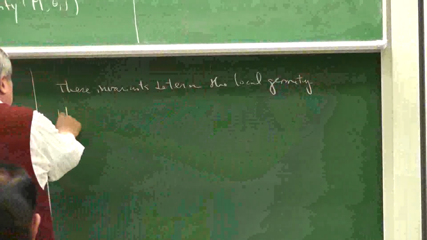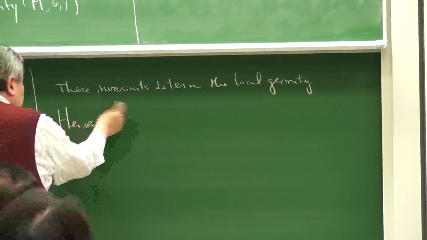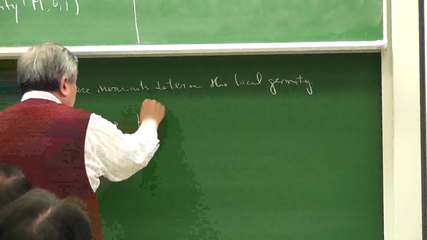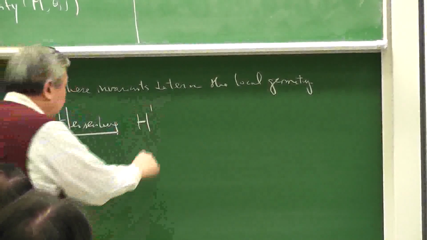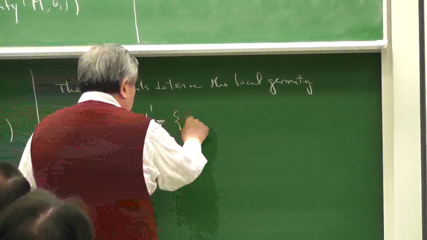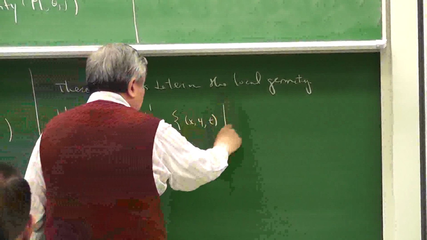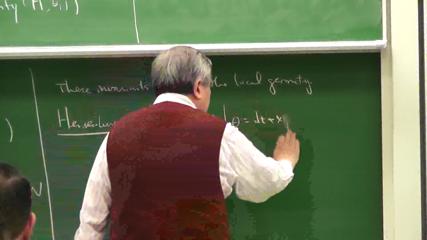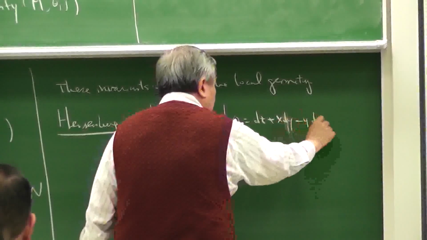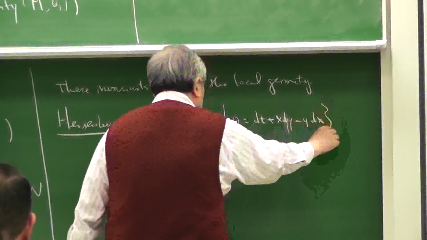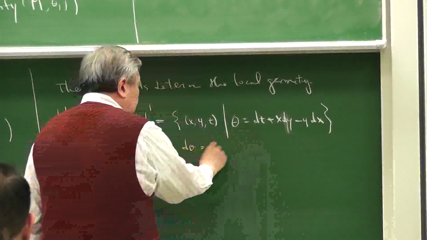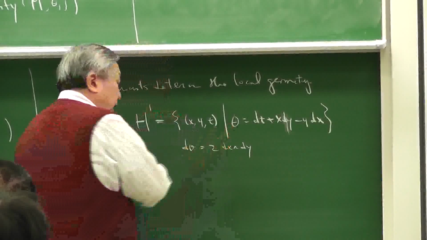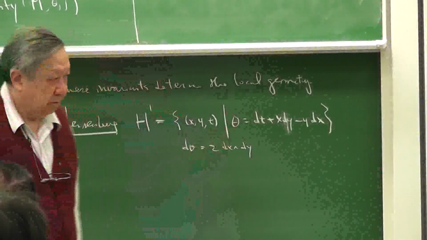So at this point, let me just introduce the basic example, what we call the flat space, Heisenberg. So we basically are assuming x, y, t, and then we have theta is dt plus x dy minus y dx. You can check that d theta is 2 dx wedge dy. So theta wedge d theta is exactly a nonzero number.